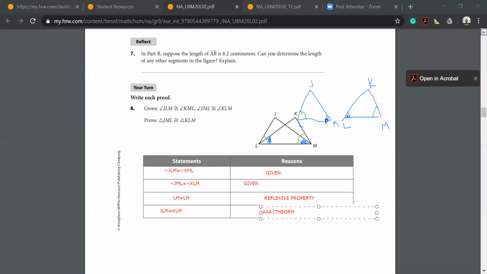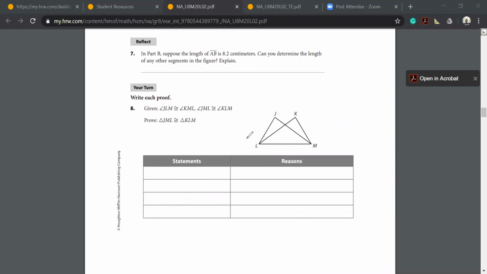Of course, you should write triangle congruence theorem. Okay, and here you should put the mark of the triangle, like the triangle mark in here and in here as well. Okay, very easy, I think.